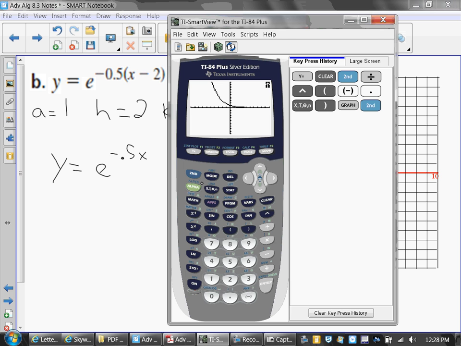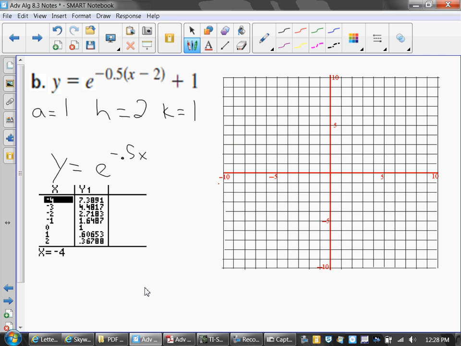So now I just look at my table. At -3, I'm at about 4.5. At -2, I'm almost at 3. At -1, I'm about 1.5. At 0, I'm 1. At 1 on here, and I'm just scaling down. So this is my generic. Where will my new asymptote be at? 1.